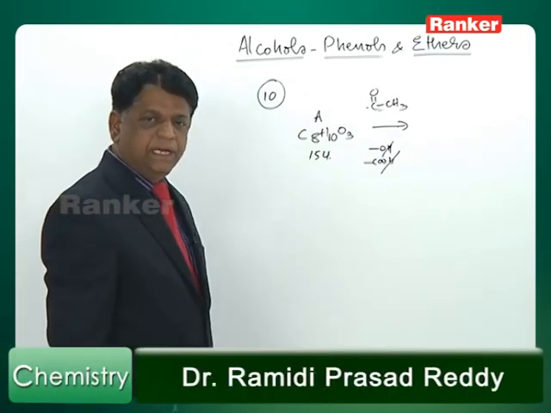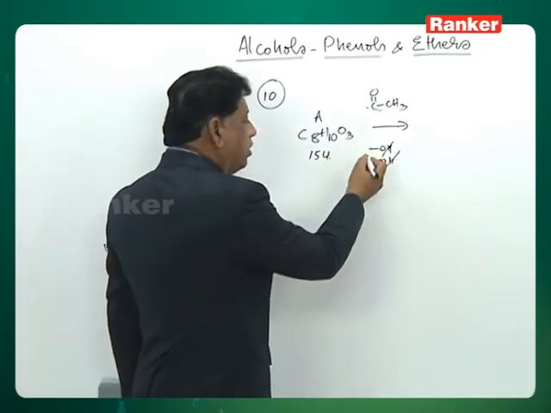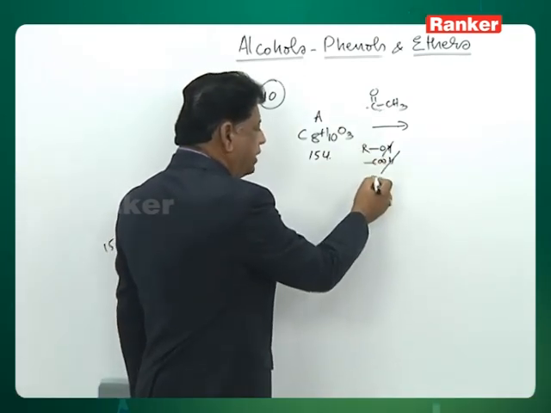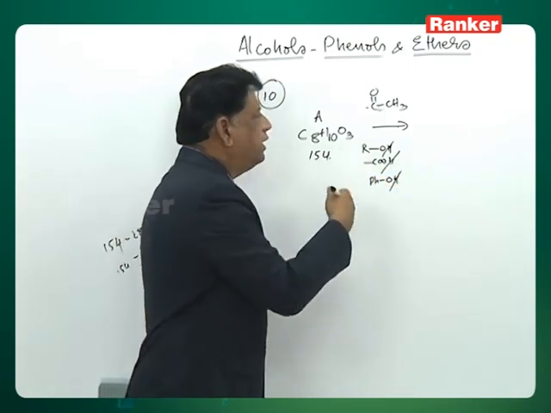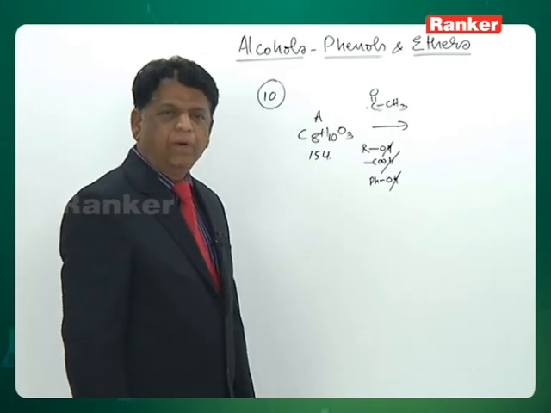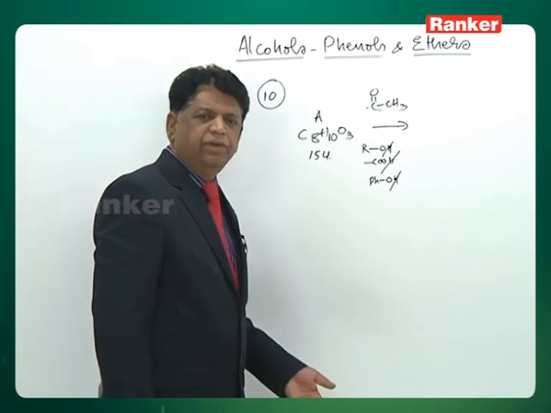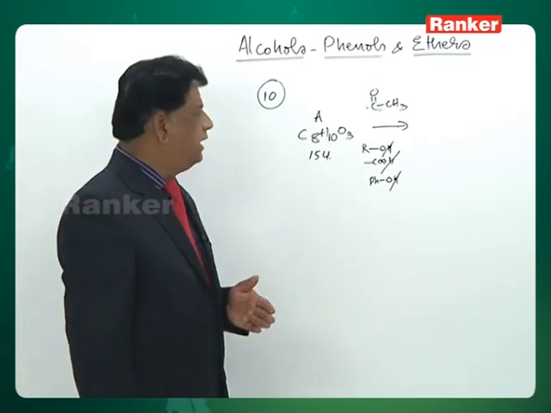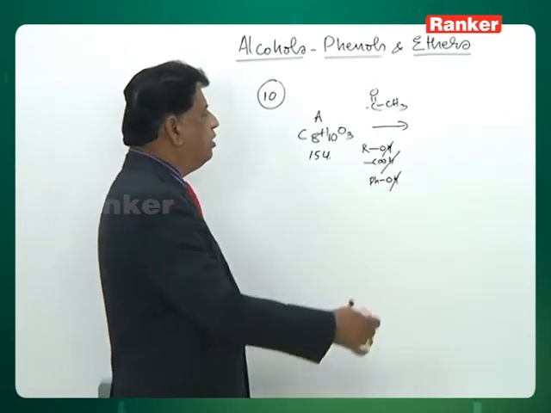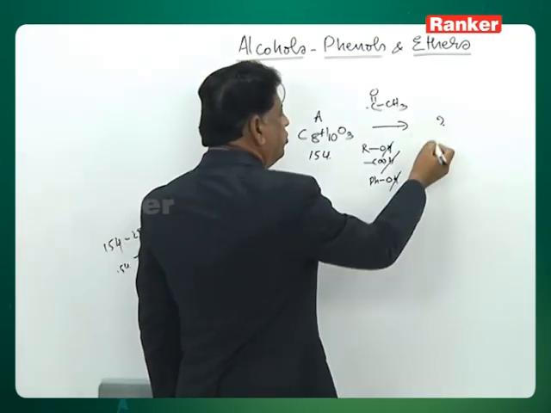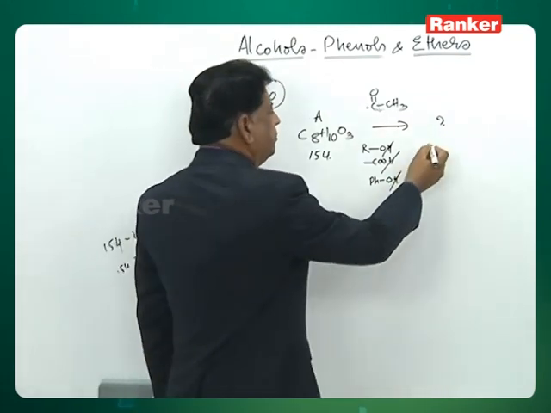This may have acidic groups or hydroxy groups, or it may have alcoholic groups and phenolic groups also. We don't know what type of groups are there, but these groups are going to be acetylated and the acetyl derivative is formed, whose molecular weight is 280.